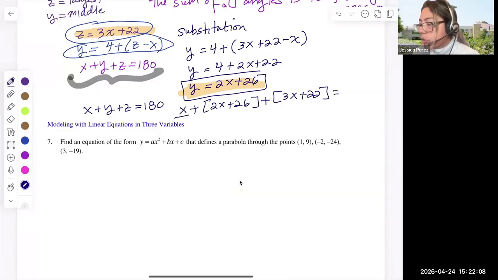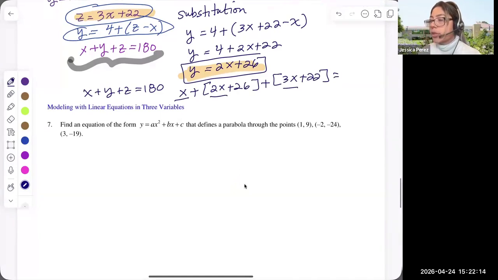Now I have x, 2x, and 3x. I'm going to add, and that's going to be equal to x plus 2 is 3 plus 3 is 6, so 6x plus 22 and 26. So 22 plus 26 gives me a total of 48.